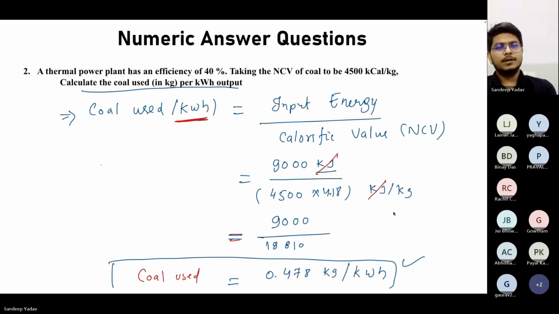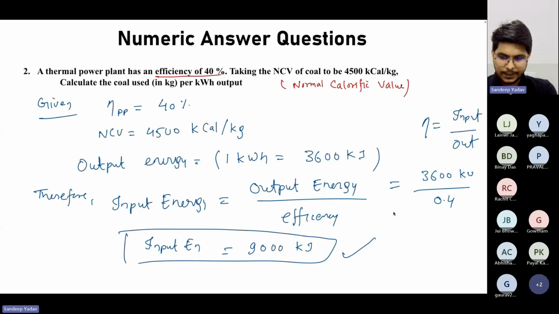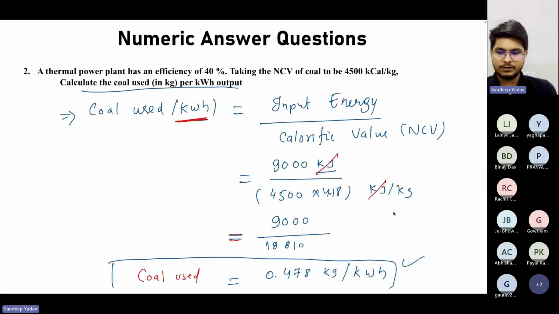Now we want to calculate how much coal is being used per kilowatt hour. That will be input energy by calorific value. Input energy we have just calculated, 9,000, and calorific value is given as 4,500, but that is in the unit of kilocalorie per kg. So we want to convert that into kilojoule per kg with a conversion factor.